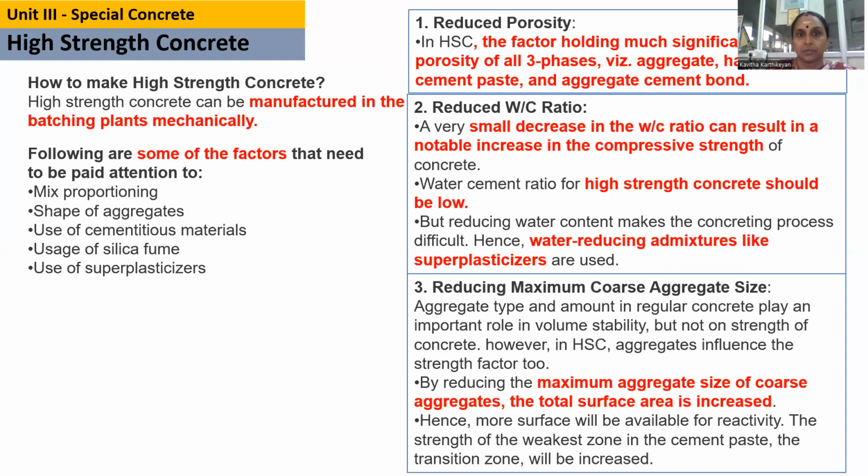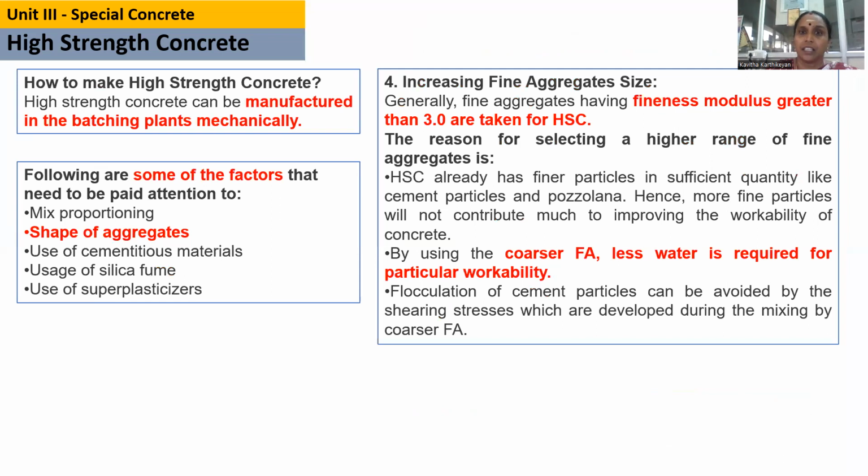Next, we have increasing the fine aggregate size, because fine aggregates having a fineness modulus of around 3 are used for preparing high strength concrete. The reason is that HSC already has finer particles in sufficient quantity, like cement particles and pozzolana.